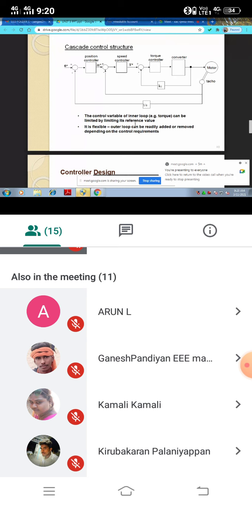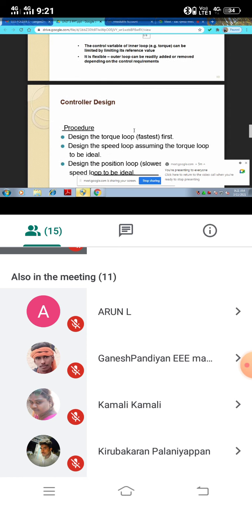Those three kinds of controllers work connected across the DC motor so that the DC motor can give a proper output. That output is sensed by a tacho generator and fed back to the input for correction. This is the cascade control structure. This topic was also done in earlier classes.